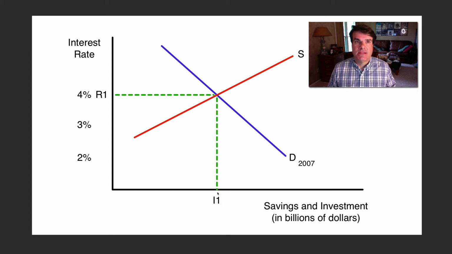So let's just say that the real number, and I'm looking in the text right now, is around $2 trillion. So it's in billions of dollars in the textbook, so it says 2, 2 something. So it's $2 trillion of money available for loan for investments. Okay, this is rate 1, 4% or so, my made up number. This is the equilibrium point.